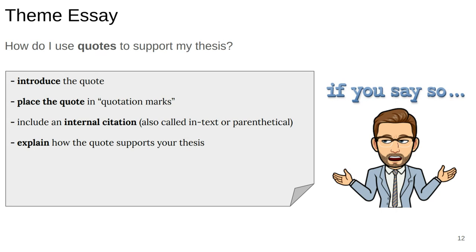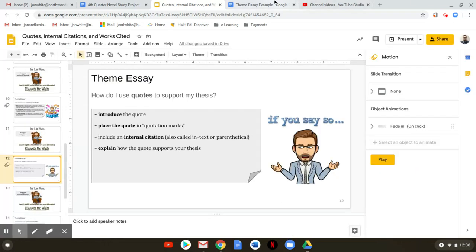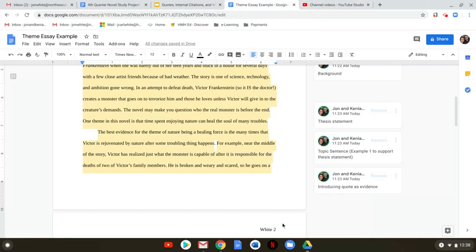They may read that quote and say, that seems to prove the opposite of what you're trying to say. And so you need to make sure that when you use a direct quotation, that you're very clear about why that is proving your point. So let's go ahead and look at these in our wonderful theme essay example.